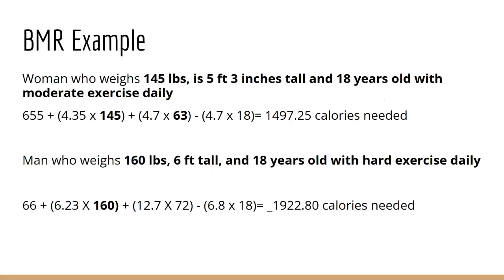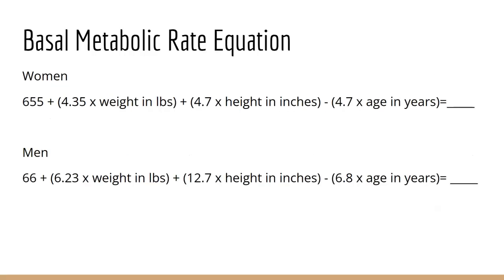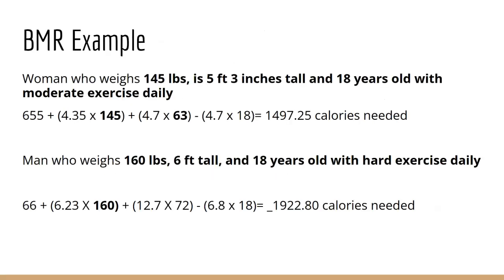Now to start, an example I have shown is a woman who weighs 145 pounds. She's 5'3" tall and 18 years old, and she has moderate exercise daily. So if you look back at this equation, we're just filling in where each section says: weight in pounds, height in inches, age in years.